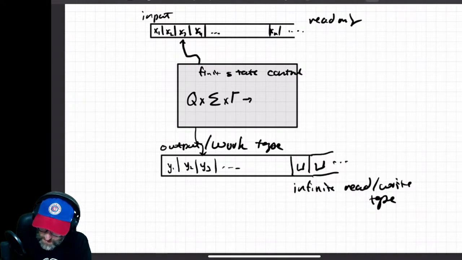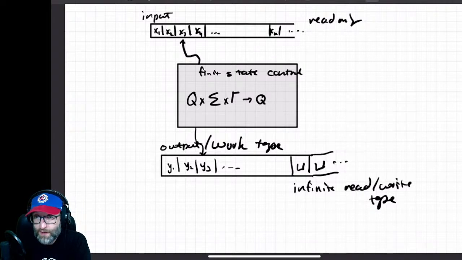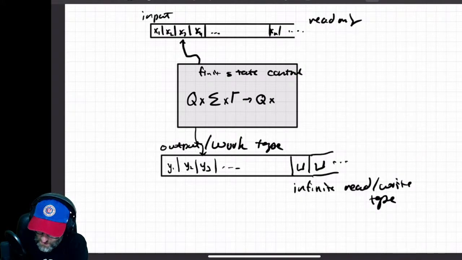Based on that, it's going to make a transition to a new state. It could possibly stay in the same state, just like the finite state automaton, and it's going to write something to the output tape, potentially. It could say, well, I see a 0 over here, and I don't want to overwrite that, so I'll go ahead and write a 0 and then move on.